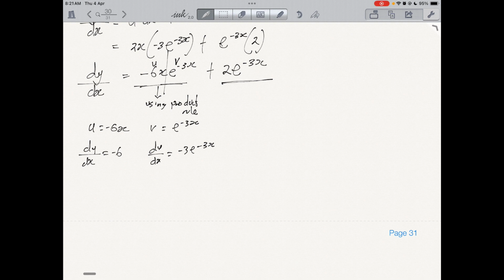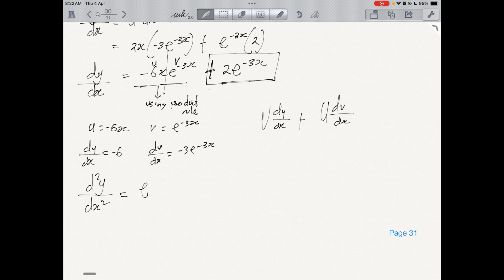So let's apply product rule here and then we will sum it up with the rest. So d square y dx squared, applying product rule, let's start with v du dx plus u dv dx.